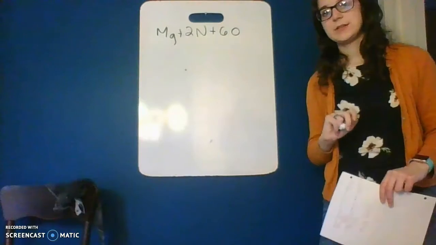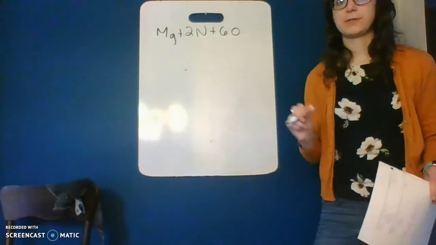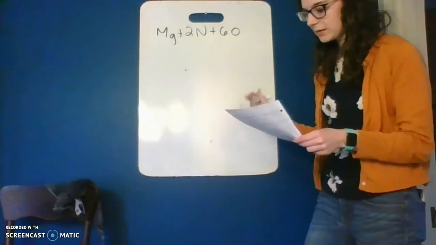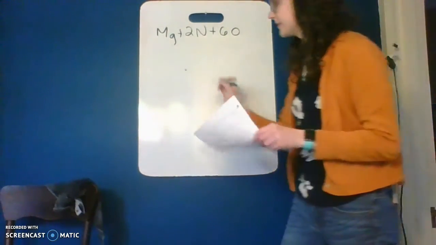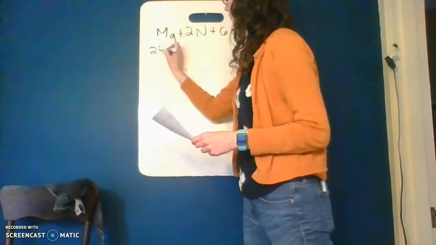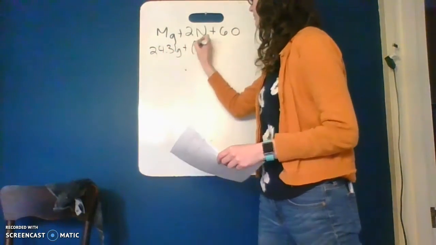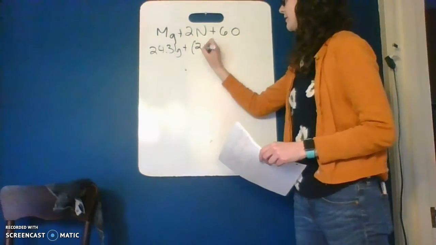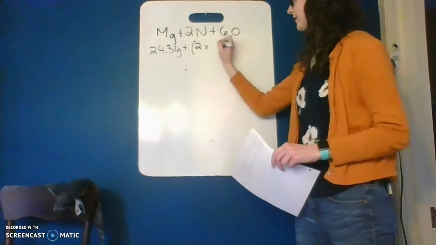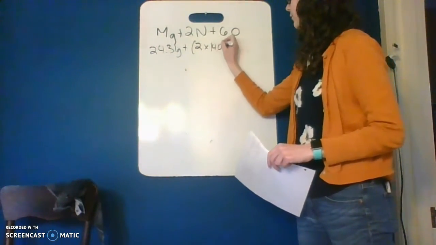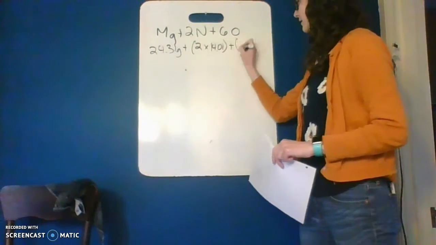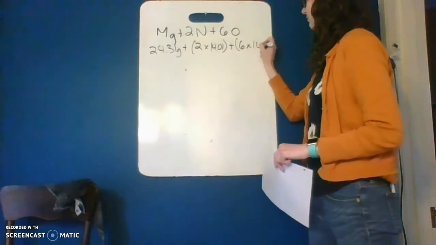So first thing I need to do is find the total molar mass of magnesium nitrate. Magnesium's molar mass is 24.31 grams, plus 2 times nitrogen's molar mass, which is 14.01, plus 6 times oxygen's molar mass.